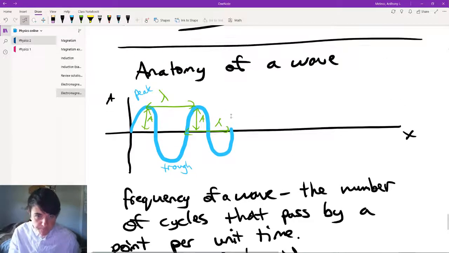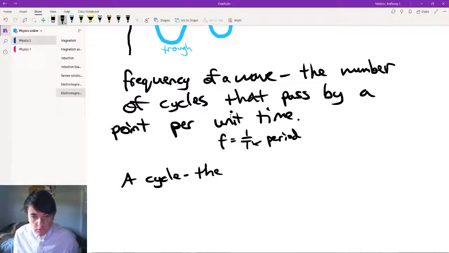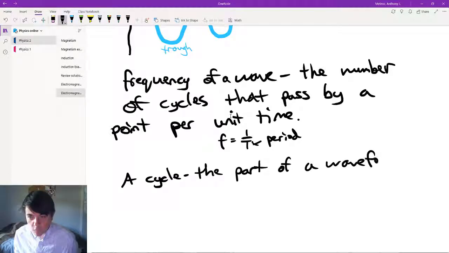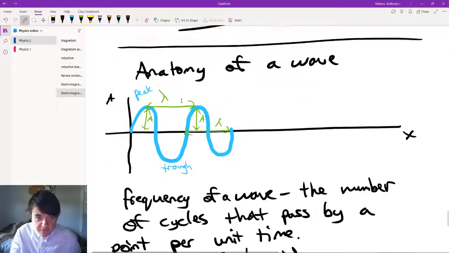So what's a cycle? A cycle is one part of a waveform that doesn't repeat. So this goes up, comes down, then it starts to go up again, and then it repeats.